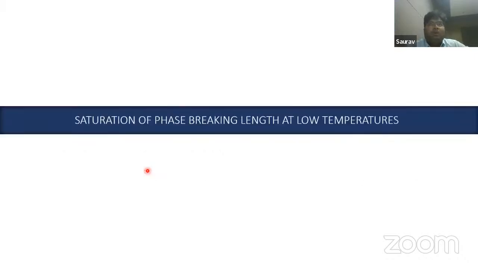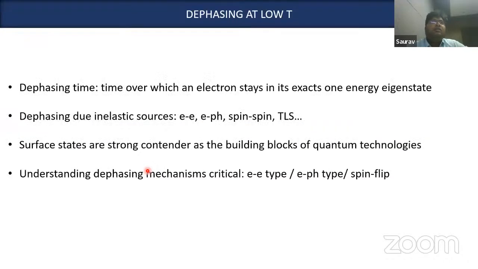So I'll quickly show some of our results on dephasing. I'll come to the dephasing part, which is our work on dephasing in topological insulators at low temperatures. Essentially, dephasing is the time over which an electron can stay in its exact eigenstate.